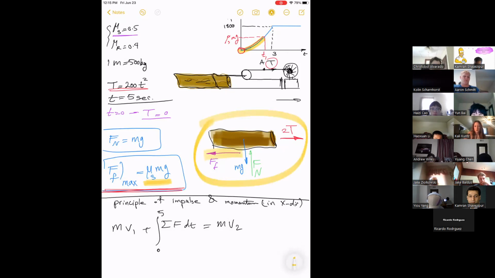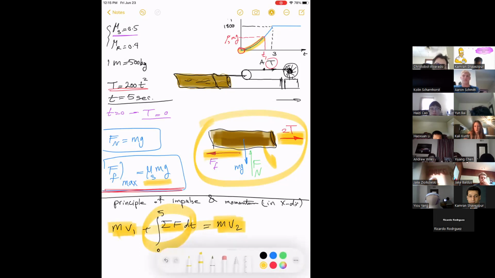I have a combination of forces. In y, nothing happens, so forget about y. I have a horizontal force going this way and a horizontal force going that way, so you have a summation of forces in the x direction. I wrote the principle of impulse and momentum: initial linear momentum, final linear momentum, and the summation of all impulses acting on the particle. Free body diagram, equation. Looks good?